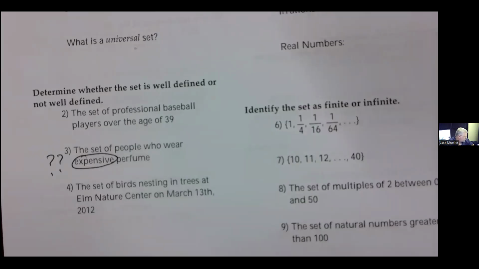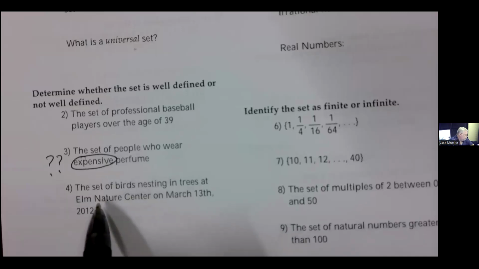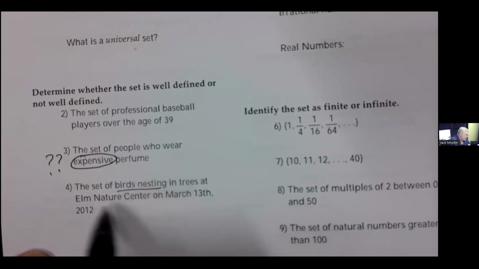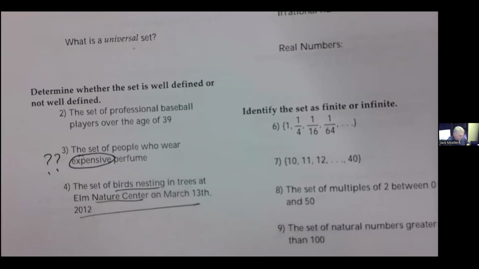What about the next one? The set of birds nesting in trees at Elm Nature Center on March 13th, 2012. Is that well-defined? Are all the elements clearly defined? Yes, because we want the birds nesting at this spot at this time. Now, can we physically go out there and find every single bird?